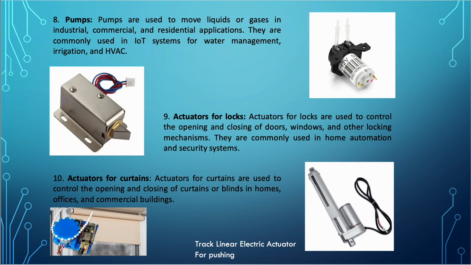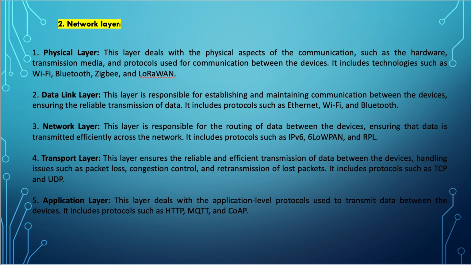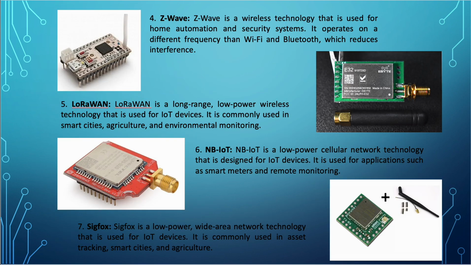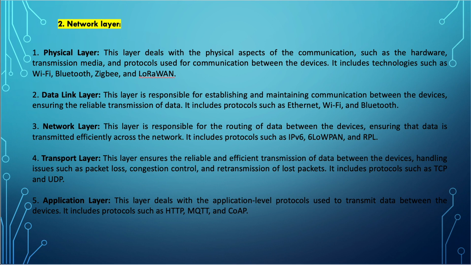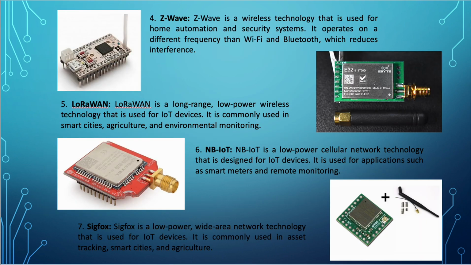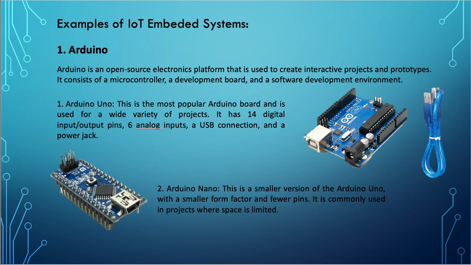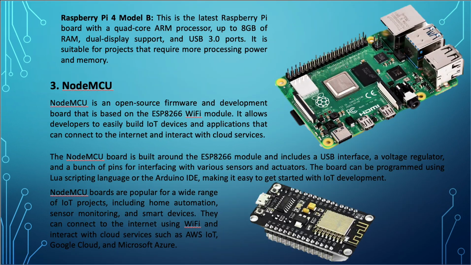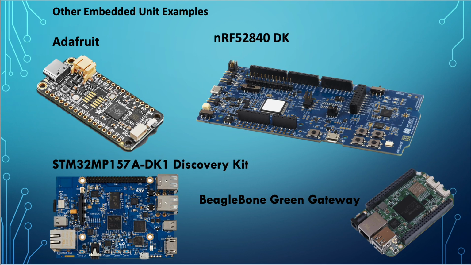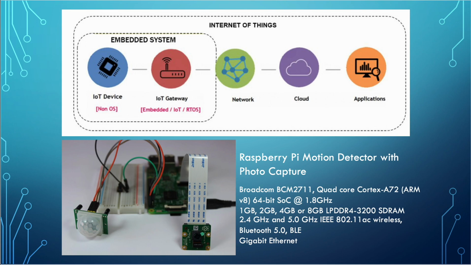Then we will discuss a little bit about the network layer and the devices we used, and in that we can talk about Zigbee, Z-Wave, and try to understand why they are in use and why they are needed for IoT devices. We will talk about IoT embedded systems a little bit, and then go into embedded system examples, what is available in the market today, and how we can use them.